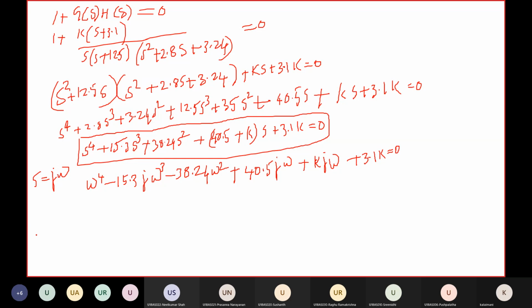And I am equating the real part as well as the imaginary part equal to 0. The real part is omega power 4 minus 38.24 omega square plus 3.1 k equal to 0.